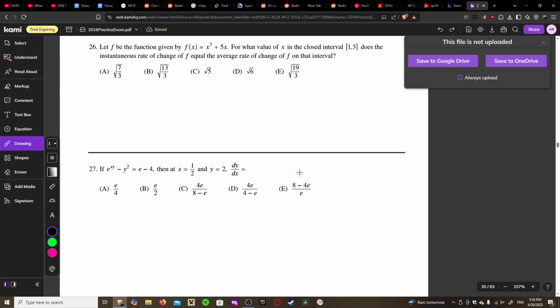So that means if this was the derivative, I would have to use product rule, so that's x dy dx plus y e to the xy minus 2y dy dx equals 0, because those are constants.